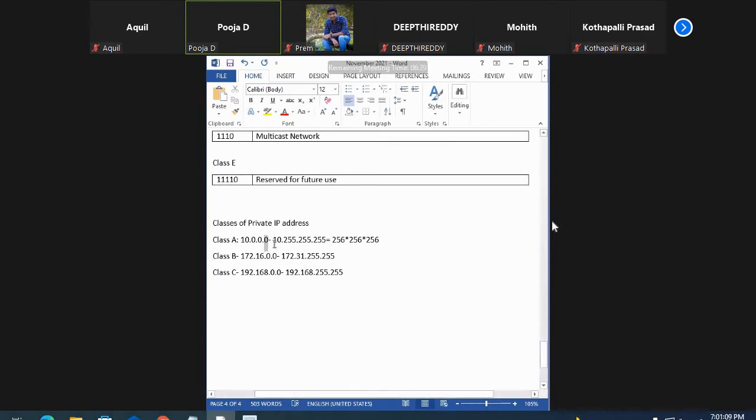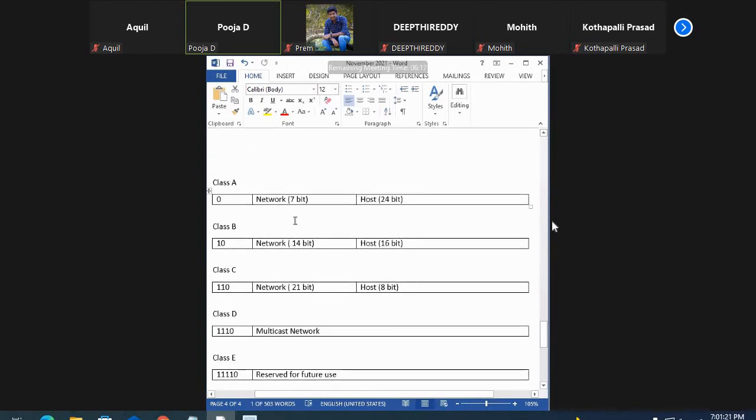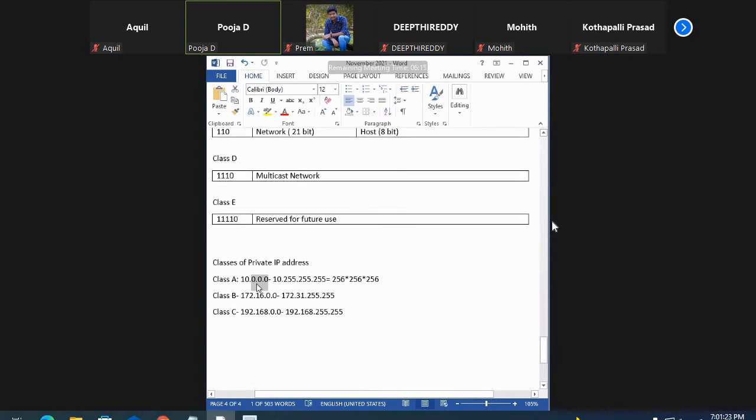Because here it is 0 to 255. Again, the first bit is the network bit, which we are not calculating; we are calculating the host, 0.0.0 to 255.255.255. If you multiply 256 three times, it becomes 16,777,216. So these many IP addresses are available.